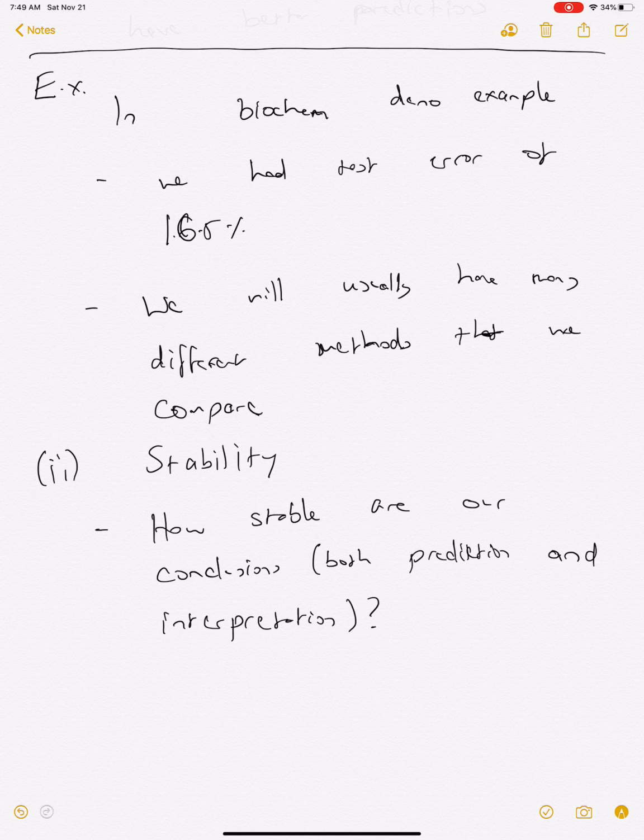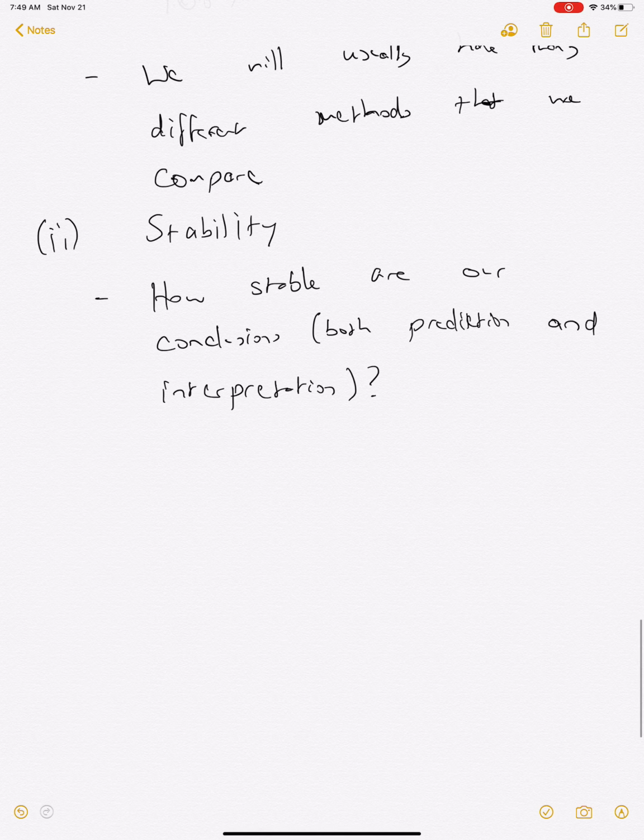When you report results, you don't want them to be so sensitive to changes in the data. Remember, this data is collected some way, and due to randomness you may have gotten slightly different data out of the same collection process.